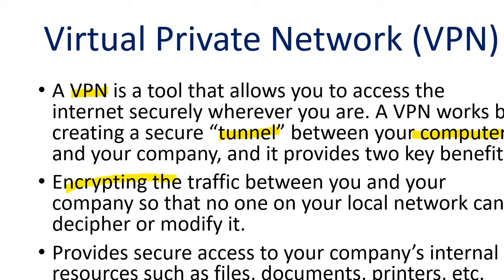Now, VPNs also encrypt the traffic between your company and your remote user so that nobody at that remote user's location can see the traffic coming to and from the company, and they can't decrypt it and see what's going on. So it's a very secure method of being able to connect to the internet and being able to send and receive traffic. And it also, again, provides secure access to companies' internal resources.